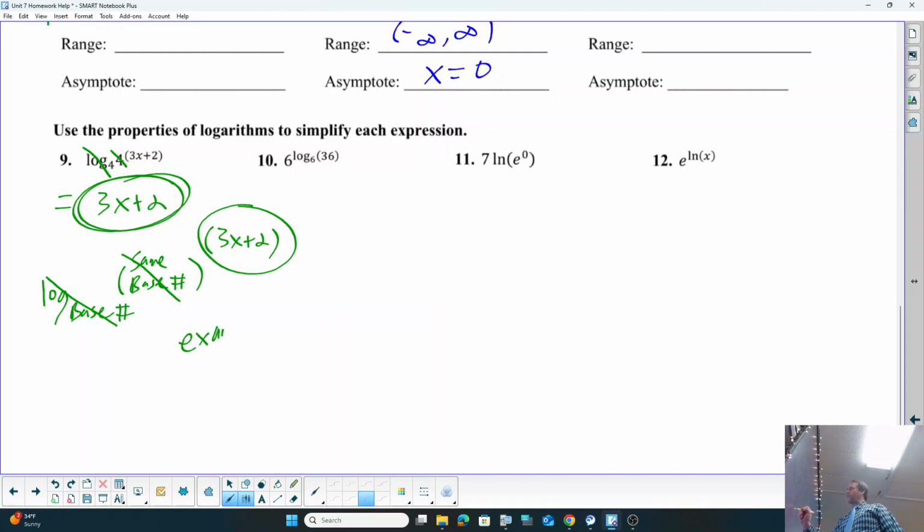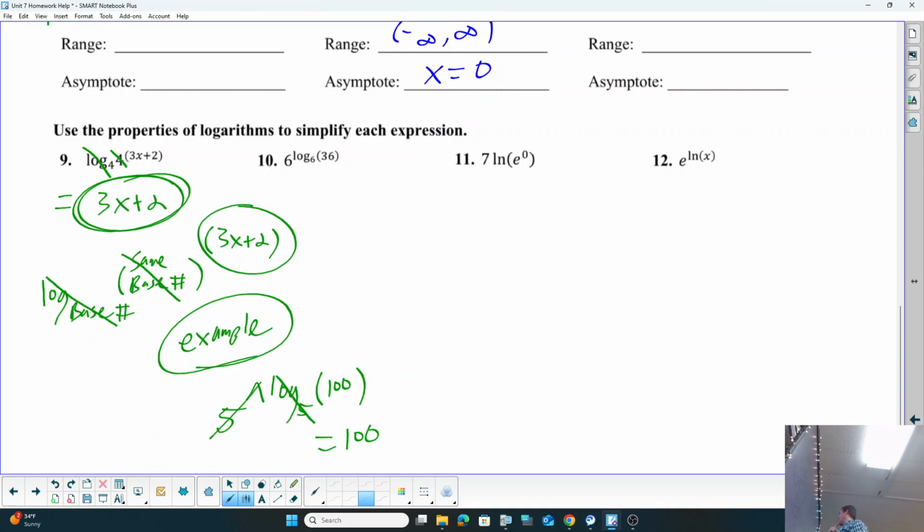Another example, like number 10, could be 5 to the log base 5 of some number, doesn't matter what, say 100. Log base 5 undoes base 5, and we're left with 100, for example.